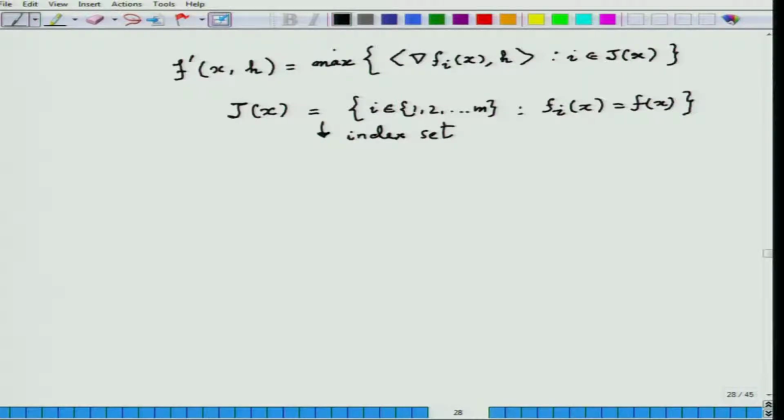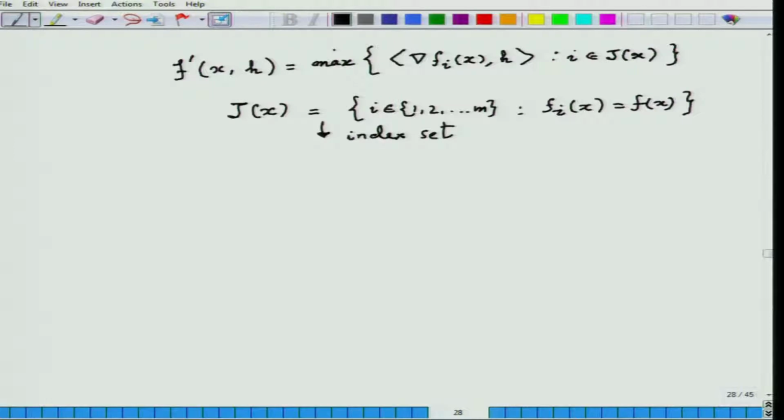Now, if you look into this very carefully, you will observe that I have taken the maximum of some real numbers, and that is giving me this stuff.